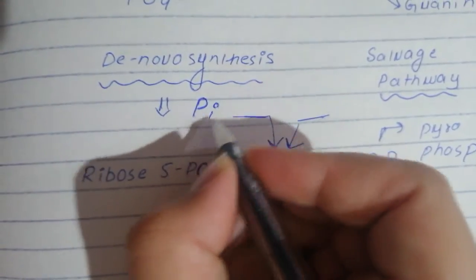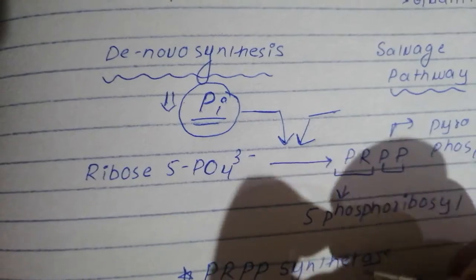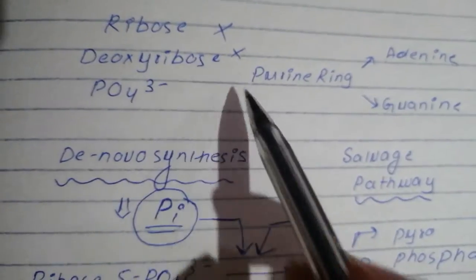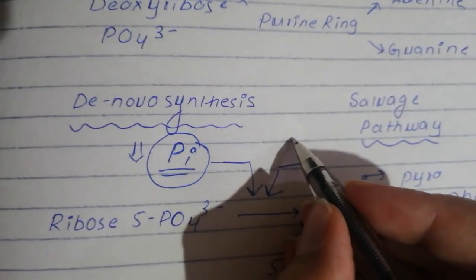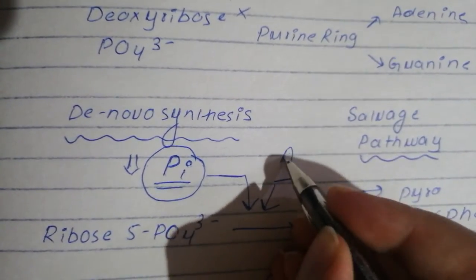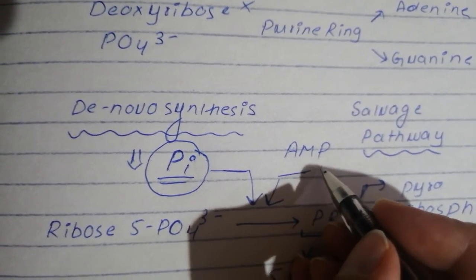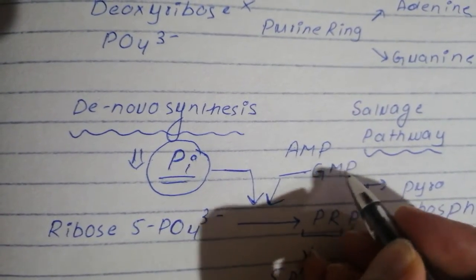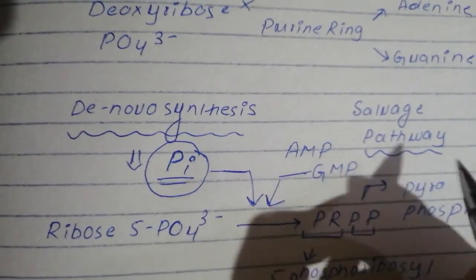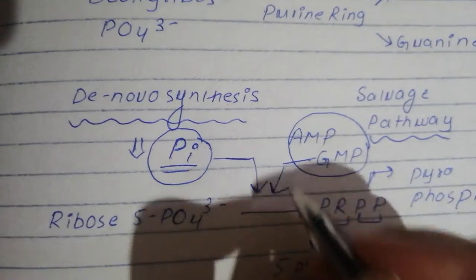The inorganic phosphate is going to be the activator, whereas the end products of this pathway, which are AMP, not adenine, AMP, which is adenosine monophosphate, and GMP, which is guanosine monophosphate, meaning the ribonucleotides, not the deoxy. I'll explain that later. They are going to be the allosteric inhibitors.